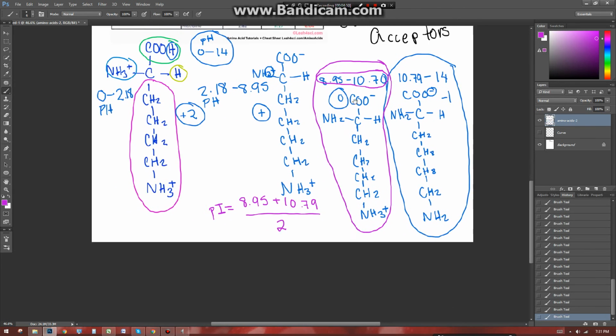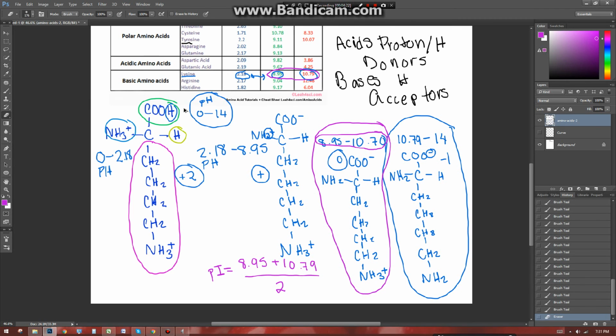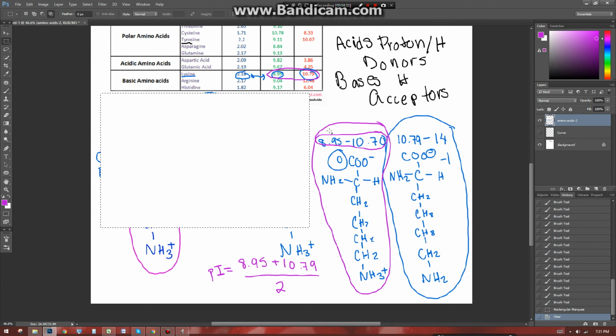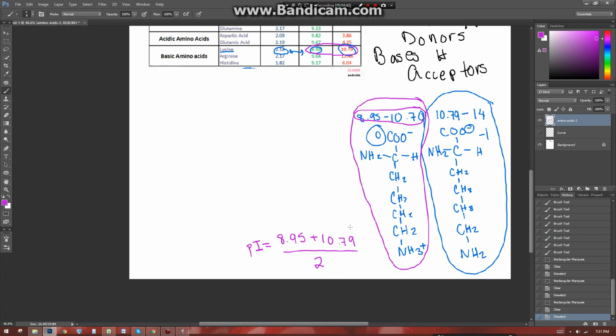Let me erase some of this because it's really messy. Just erasing my chart. Okay, so I think the pI would be some number after you've calculated this.